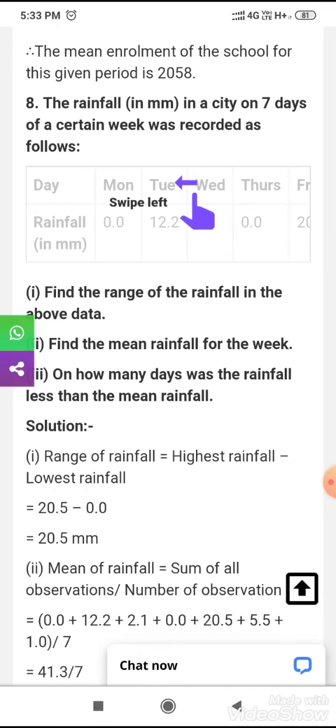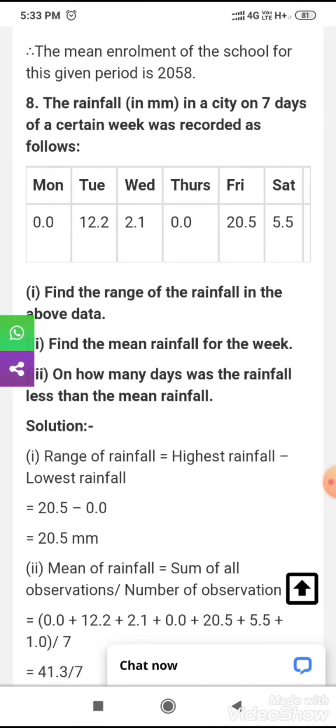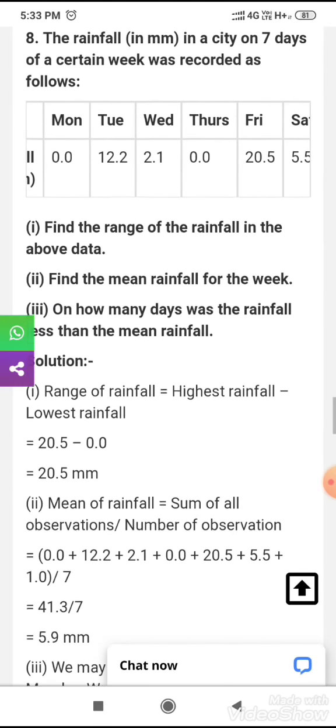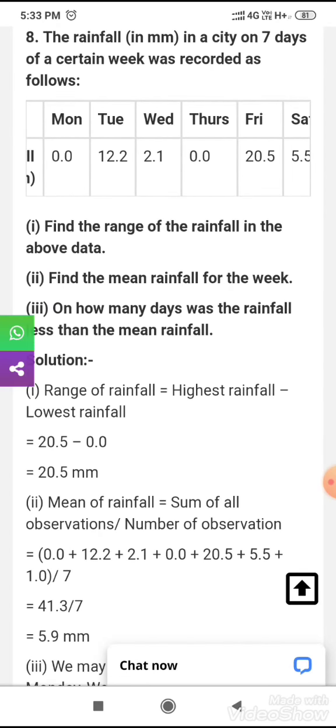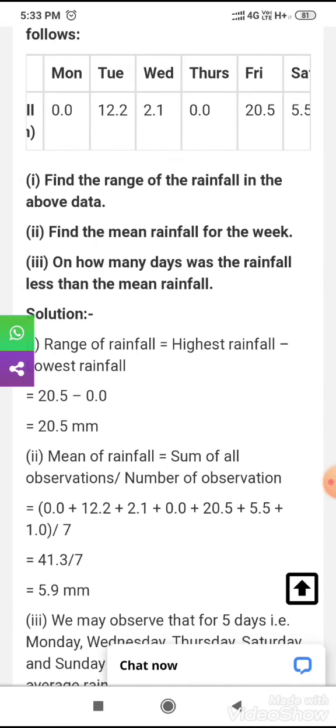In question number 8, a table is given in your book which shows the rainfall in a city on 7 days of a certain week, and we have to find out the range of the rainfall in the above data. Second part, find the mean of the rainfall for the week, and in the third part, how many days was the rainfall less than the mean rainfall.